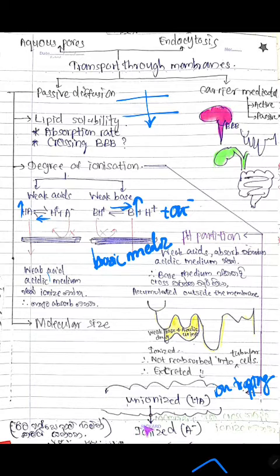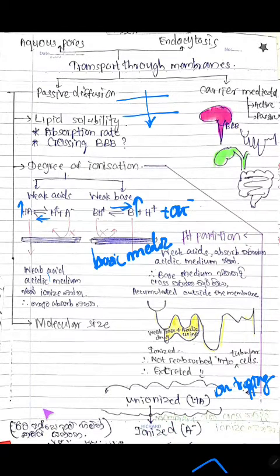What happens? The unionized form easily goes through the cell membrane, but the ionized form does not go through the cell membrane. Therefore, afterwards, the transportation of this drug is in question.